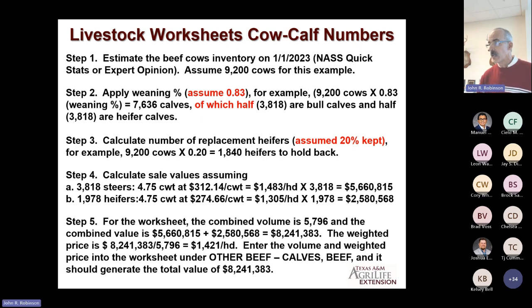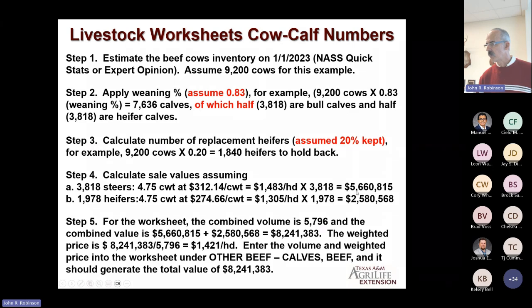You need to assume something about how many heifers are being held back as replacements. You make those assumptions and you can basically calculate the number of steers for sale, the number of heifers for sale. If we're assuming that they're that weight, then you could use David's prices for steers of that weight and heifers of that weight.